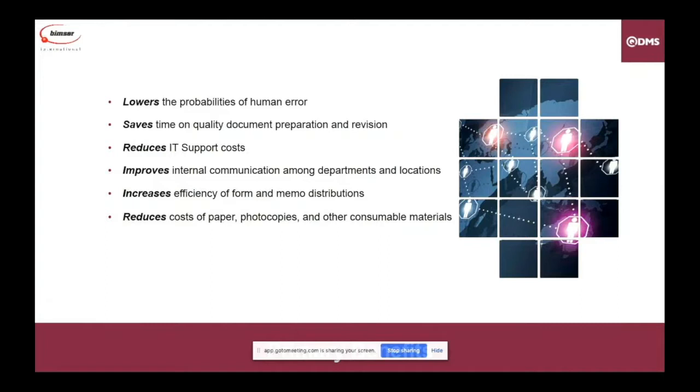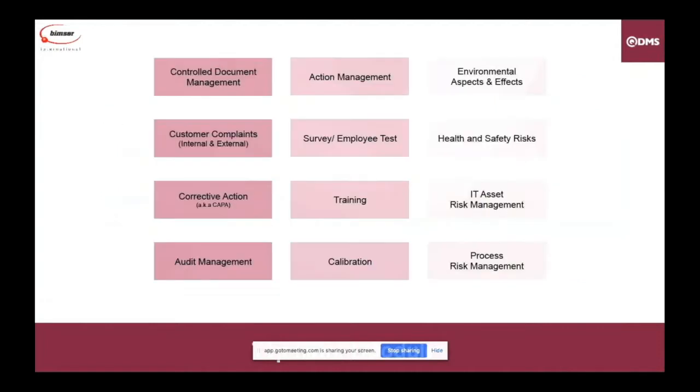Next, the centralization of quality management within a single platform enables tighter communication and collaboration across departments and locations. And as mentioned, QDMS can be run with no knowledge of coding, which will lessen the demand for IT support. It goes to show that QDMS can save a lot of time and money.